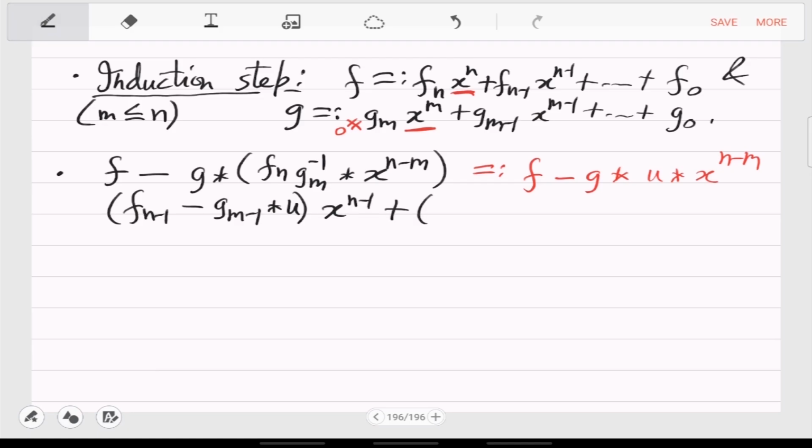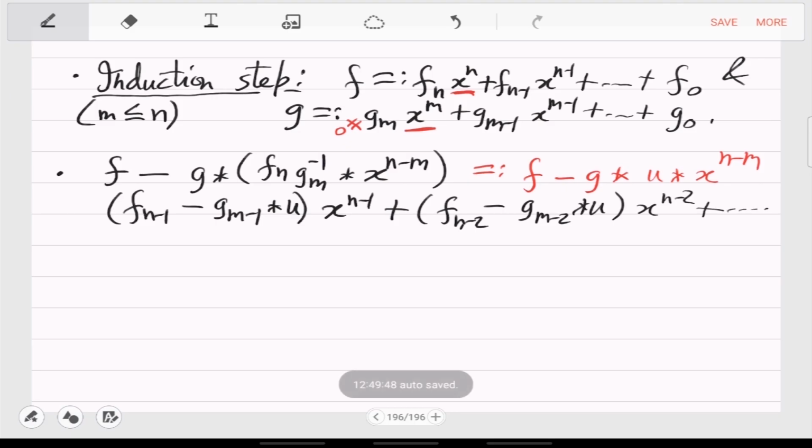Yeah, and that's the pattern. And it goes till where? So we are multiplying only g, right? So it will go up to g0 x n minus m.